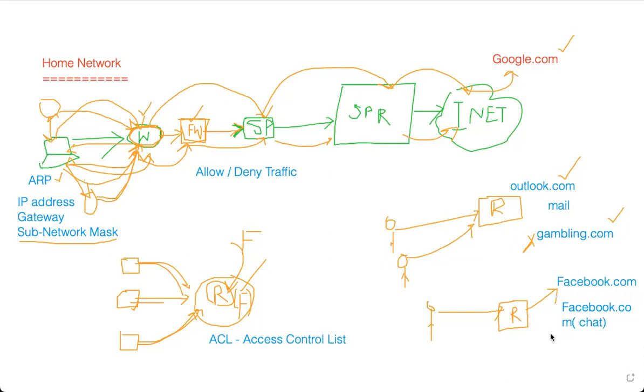Okay. So now the user is trying to go to facebook.com and he is trying to do Facebook chat inside it. I wanted to block the chat option, but I wanted to allow facebook.com. How can I achieve this on the router, guys?